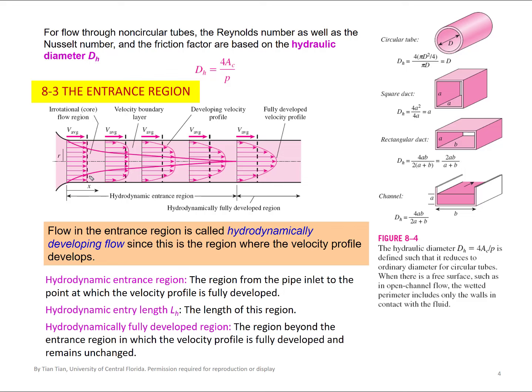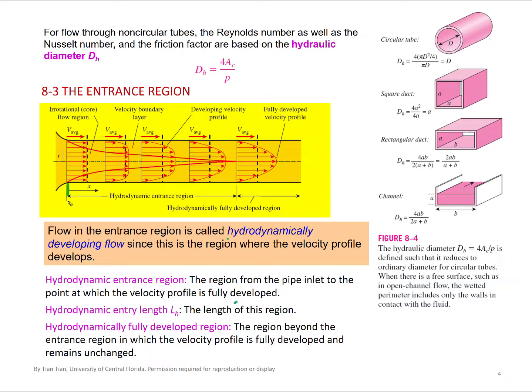As the flow enters a pipe, velocity boundary layer develops in the pipe, and velocity profile changes along x. Eventually, velocity boundary layers reach the tube center. They merge together, and the velocity profile does not change anymore.